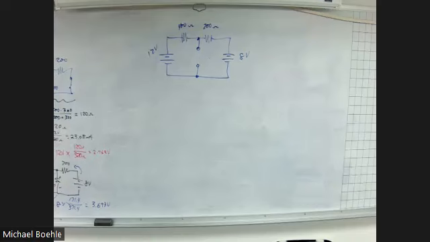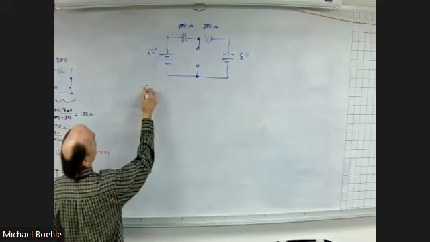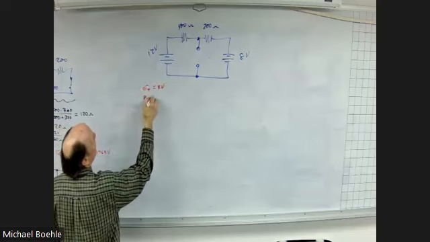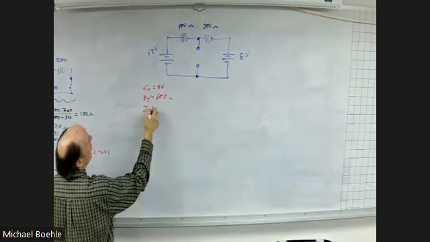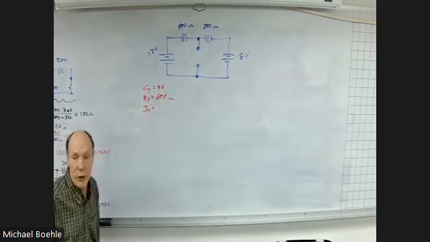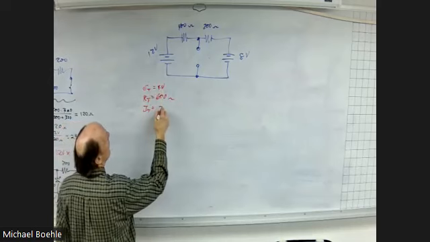They are opposing, because one wants to make current go clockwise, the other counterclockwise. So the net voltage is 4 volts. Total resistance is 600 ohms, which gives me a total current of 4 divided by 600.